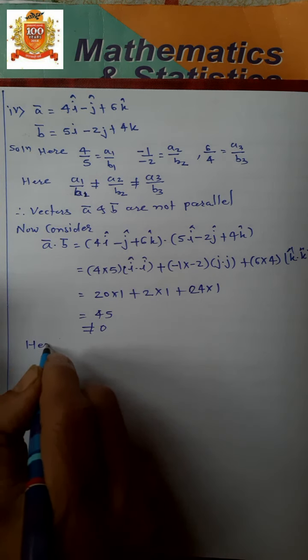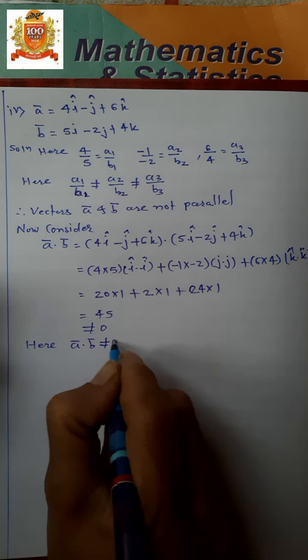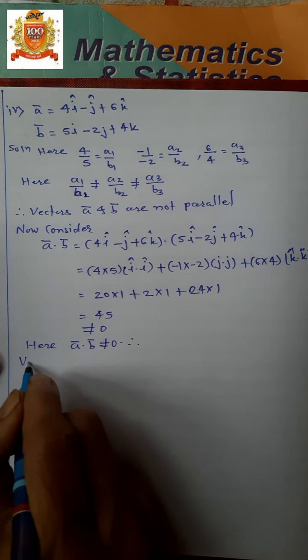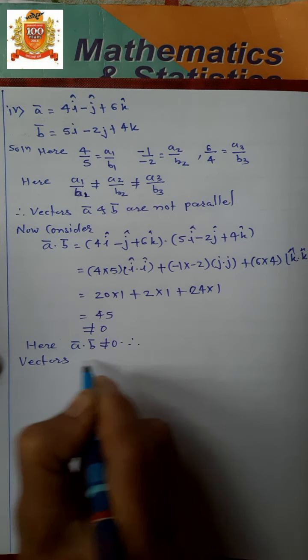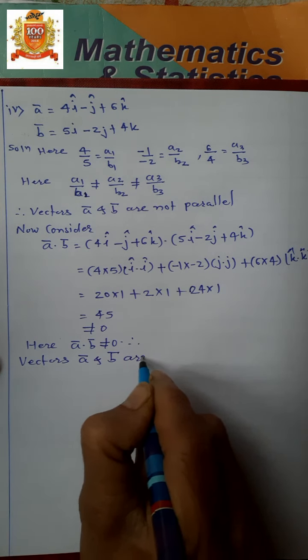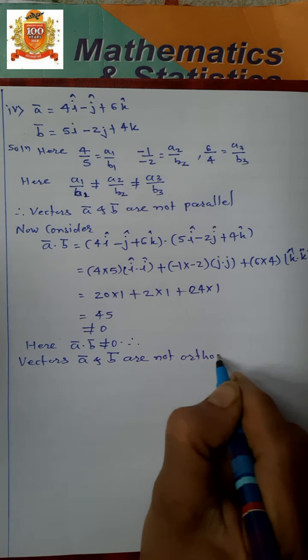Here, a bar dot b bar is not equal to 0. Therefore, vectors a bar and b bar are not orthogonal.